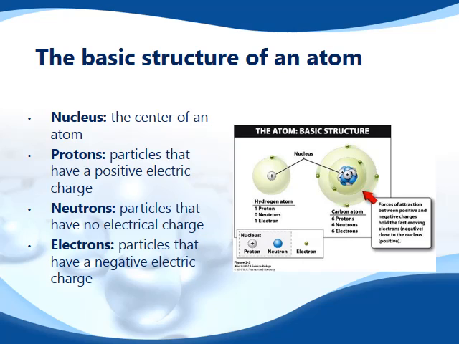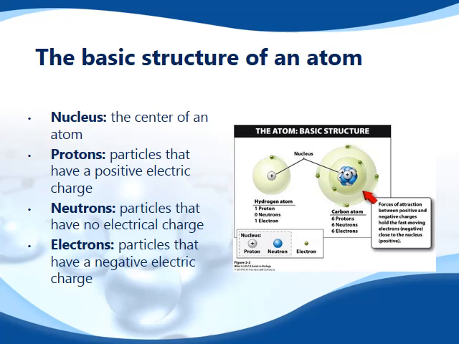Let's look at the basic structure of an atom. The nucleus is the center of an atom. Remember, we said that the basic structure of an atom was composed of a nucleus and electrons. Electrons are particles that have a negative electric charge. The nucleus contains protons, which are particles that have a positive electric charge, and neutrons, particles that have no electric charge.